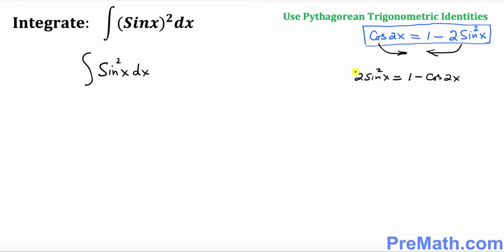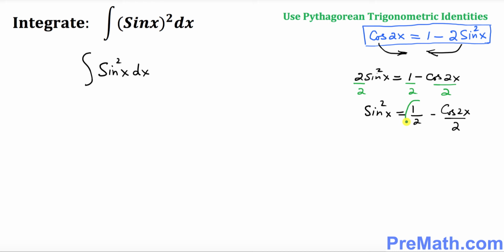Now divide across the board by 2. That means we get sine square of x equals 1 over 2 minus cosine of 2x divided by 2.